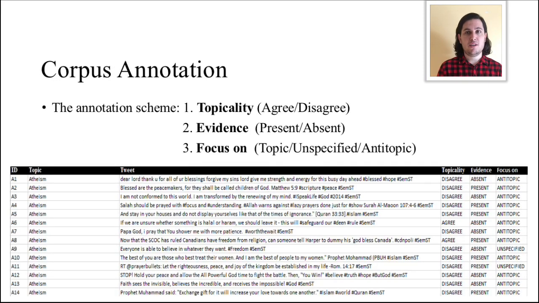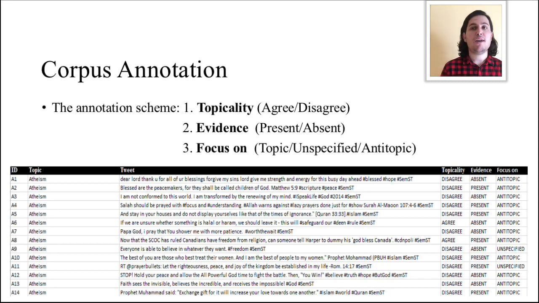So the annotation scheme that I selected is composed of three tags: topicality, evidence, and focus on. For topicality, I selected two labels: agree and disagree, whether the user is in agreement or disagreement with the topic. And evidence, whether the user of the tweet platform did present a certain evidence or not, so present, absent.